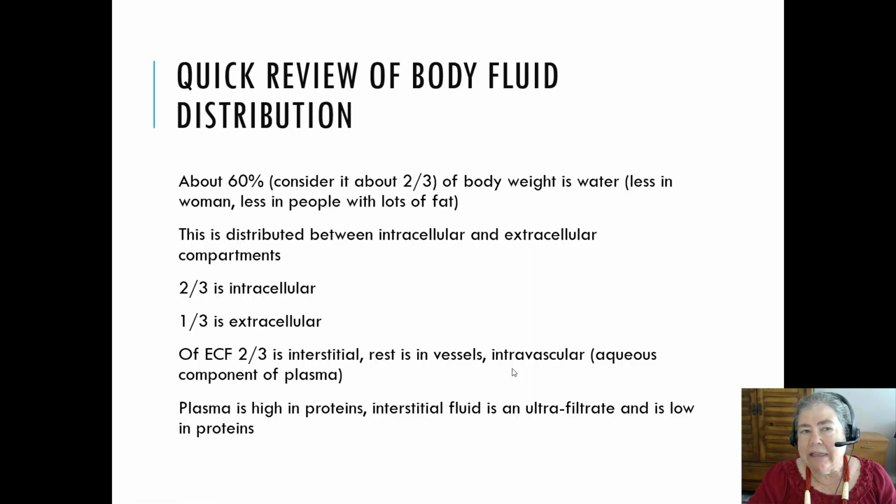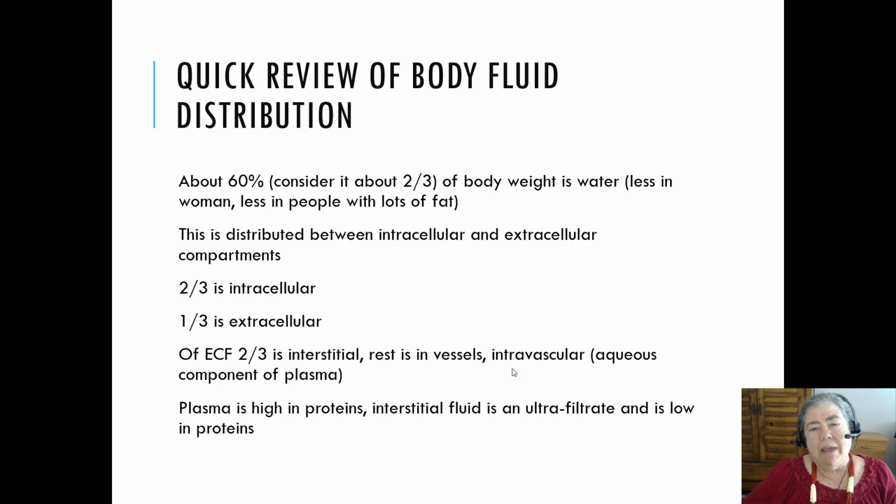Again, let's go back to that very first lecture and talk a little bit about body fluid distribution, because as I said, the kidneys are really important in maintaining homeostasis of fluid and electrolytes. So about 60% of the body weight is water, and we can think of it as 2/3 just to be simple.